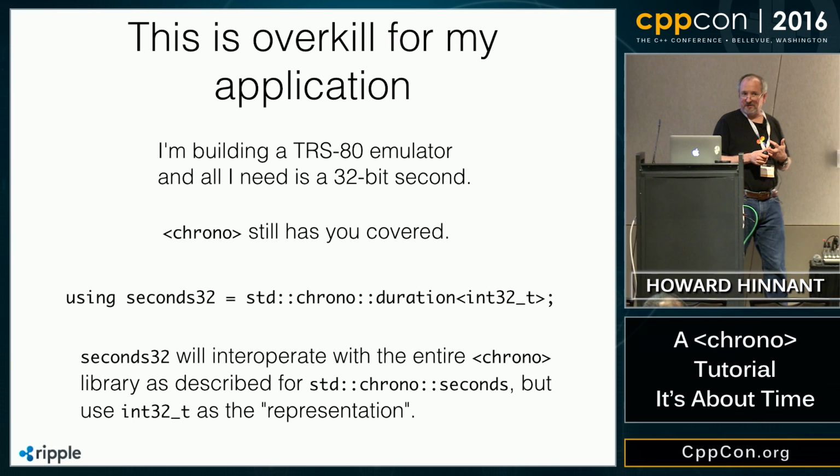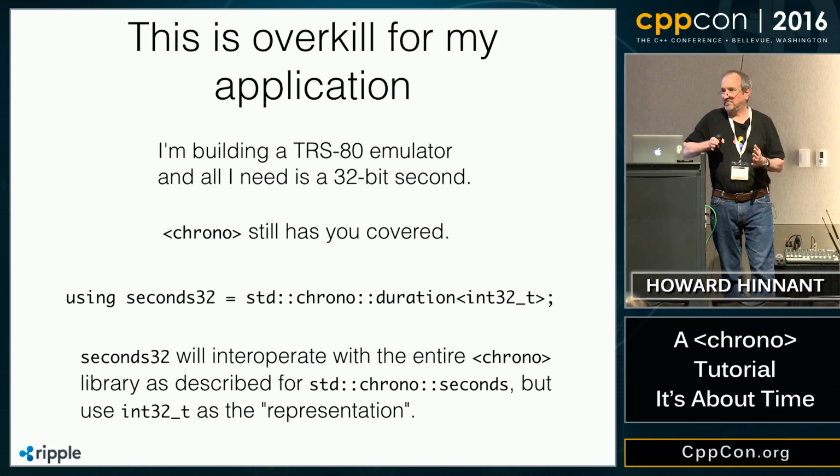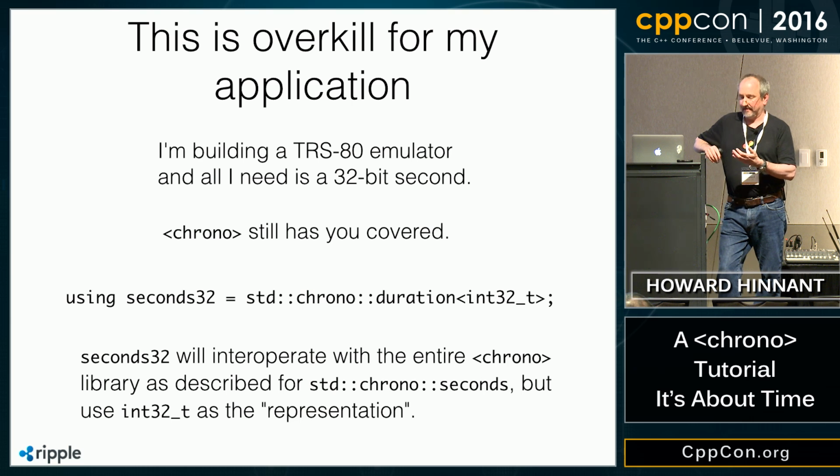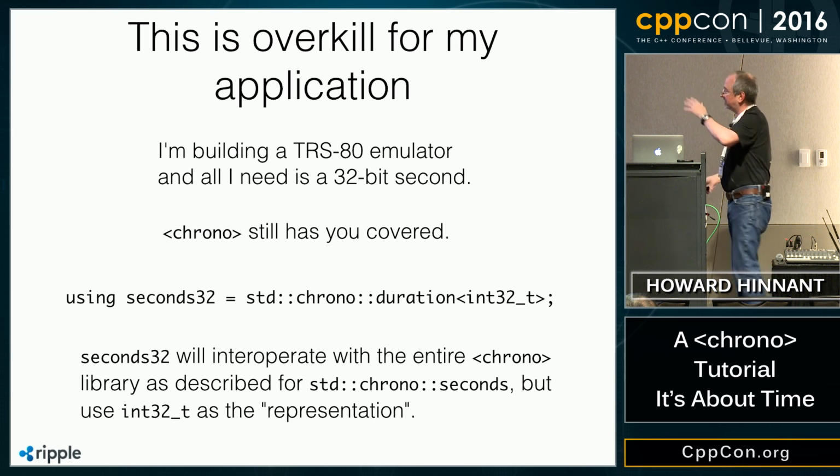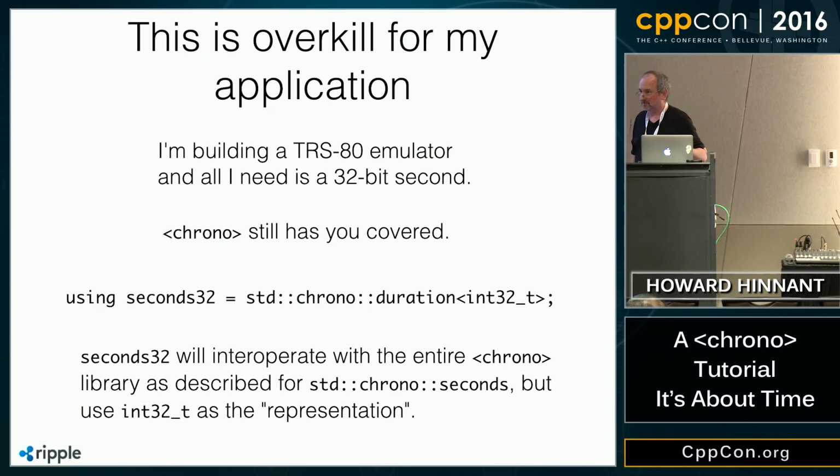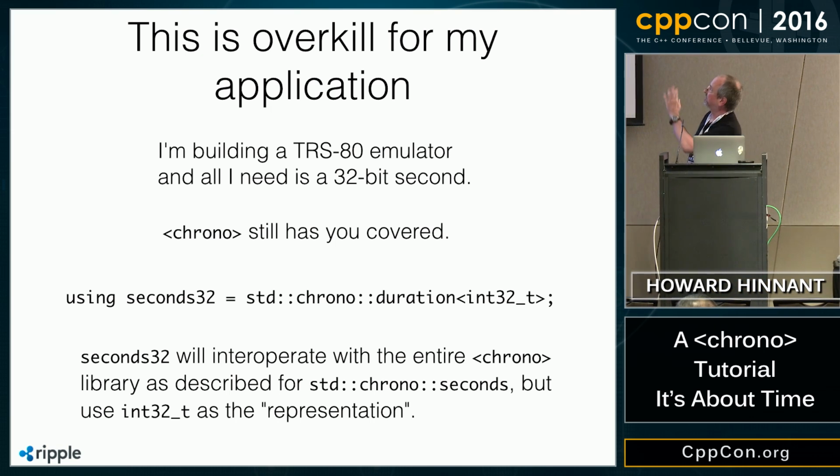And this seconds32 will be a first-class member of the Chrono library. It'll interoperate with milliseconds and seconds and hours and nanoseconds in the exact same way I've already described. So you can create your own seconds using int32, and hopefully that will talk you into using it even if you're building a TRS-80 emulator.